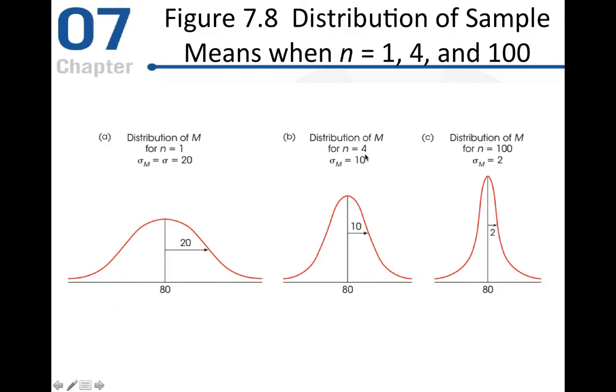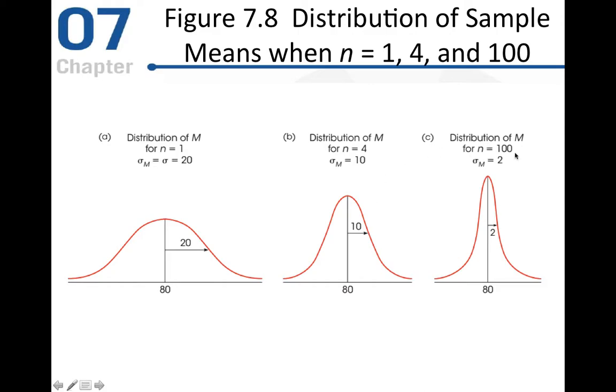As we increase in sample size, though, we see that the standard error is decreasing, and we also see that the variability in our distribution is getting smaller. This is a pictorial representation of how increasing sample size helps us to provide a more accurate, more precise estimate of the population whenever we only have a sample.